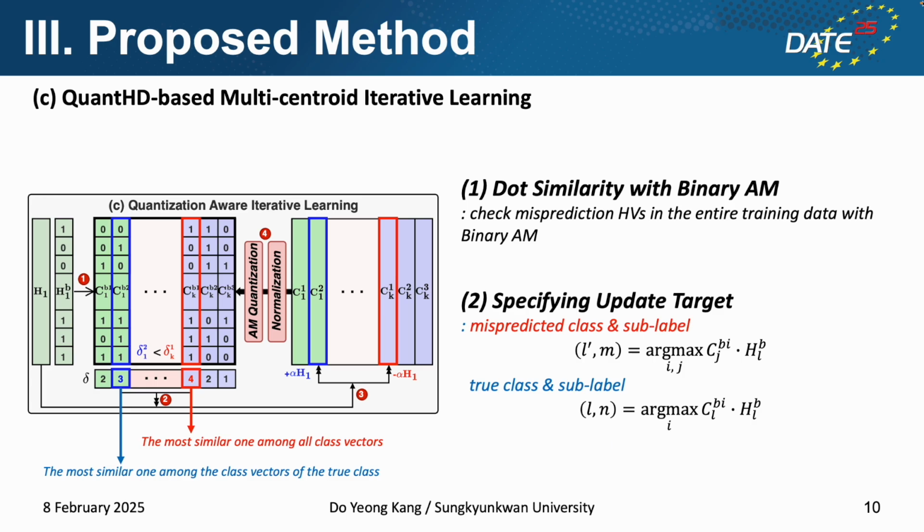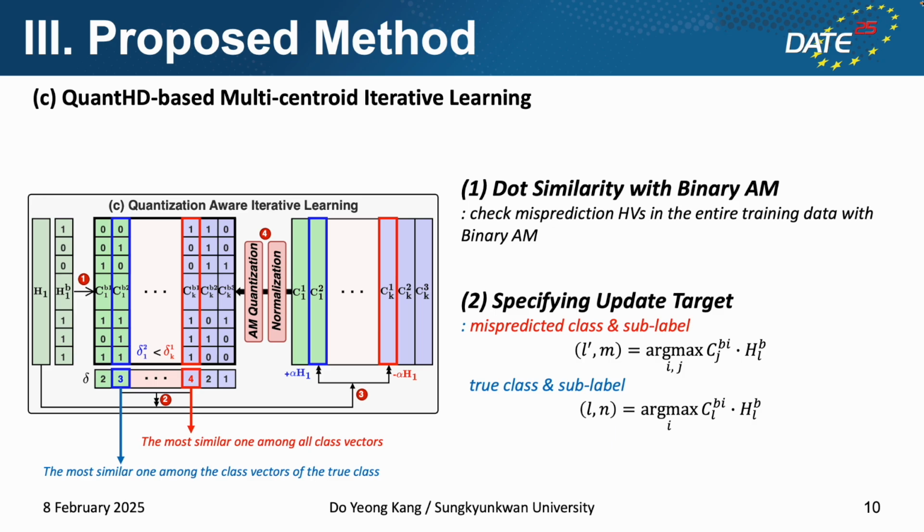After initialization, we train the binary associative memory by extending the method from the existing work quantiHD to our Multi-Centroid framework. The training process proceeds in four steps. First, similar to standard HDC, we focus on mispredicted samples by computing the dot similarity between the binary associative memory and each sample's hypervector.